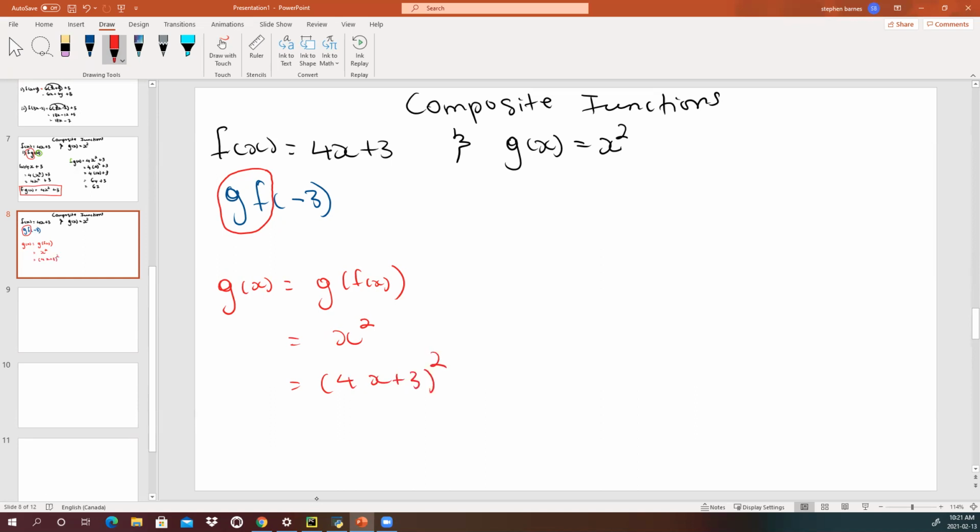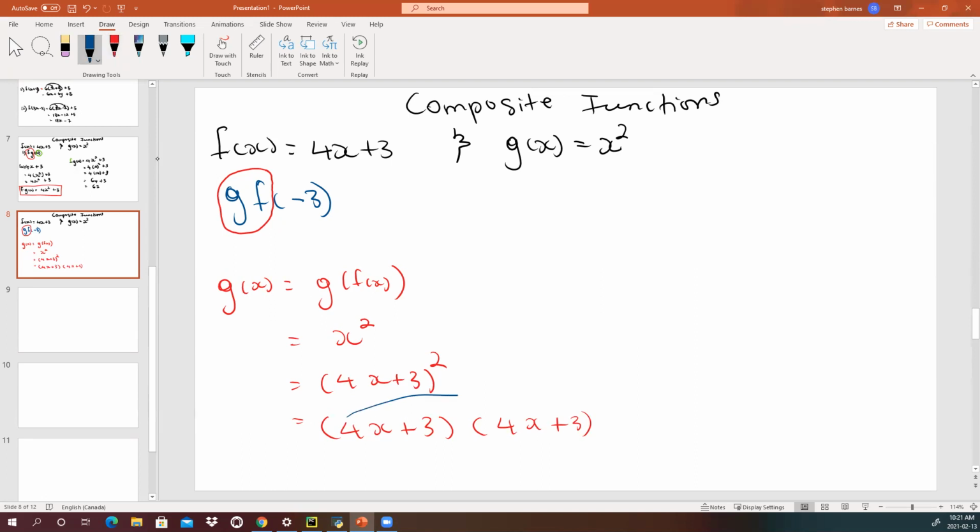That is squared. So I'm going to work this a long way, which is 4x plus 3 multiplied by 4x plus 3, because that is what a squared is. You multiply something by itself.